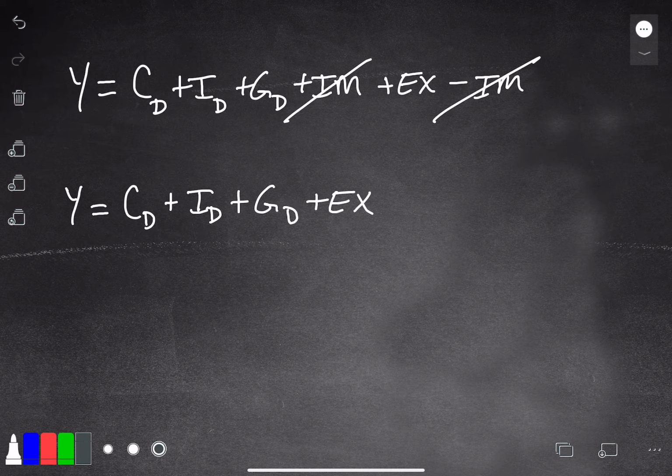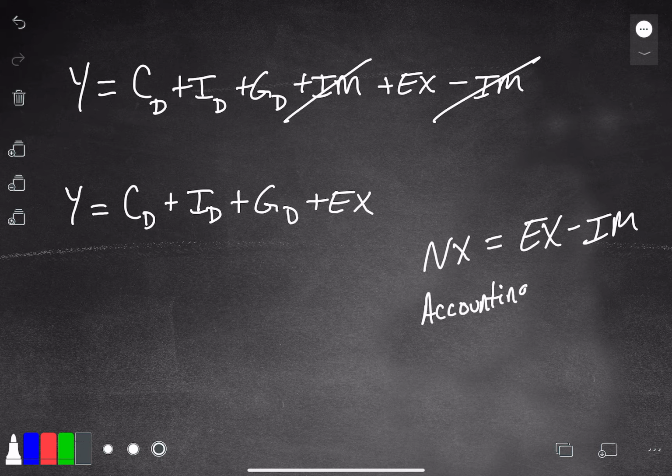That makes sense, right? And so really, this whole subtracting imports, this whole net exports being equal to exports minus imports, that is an accounting identity. Not an economic identity.